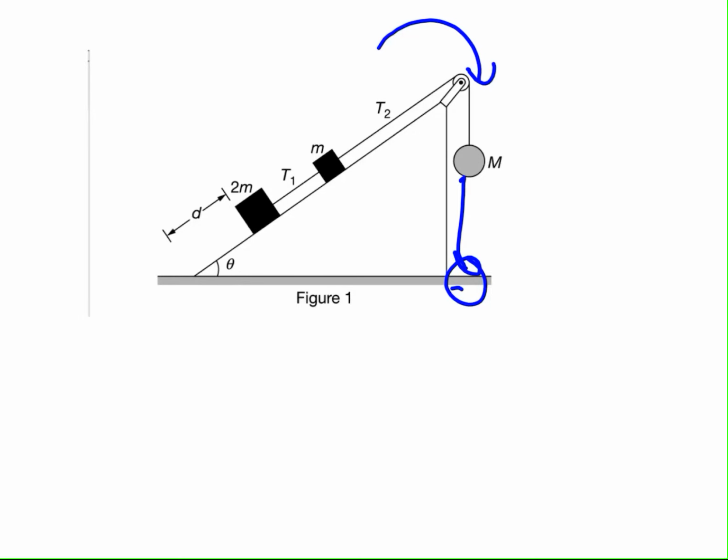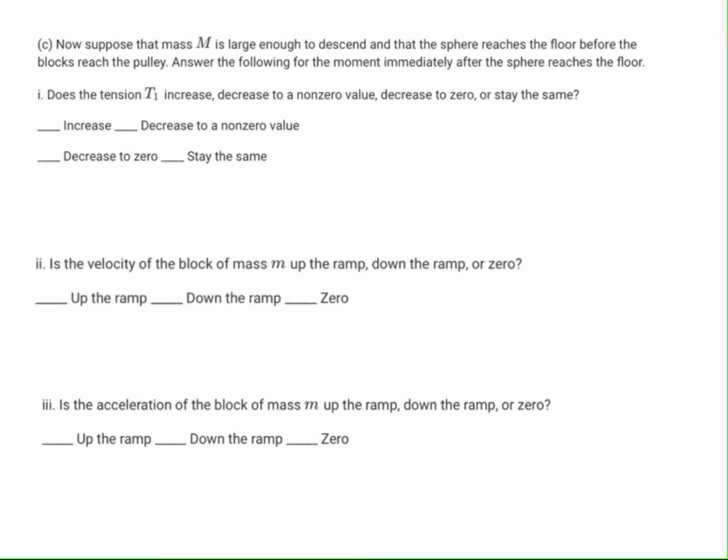So when it says, does T1 increase, decrease to a non-zero value, decrease to 0, or stay the same? Well, the answer is it goes to 0, and there's a very simple reason why.